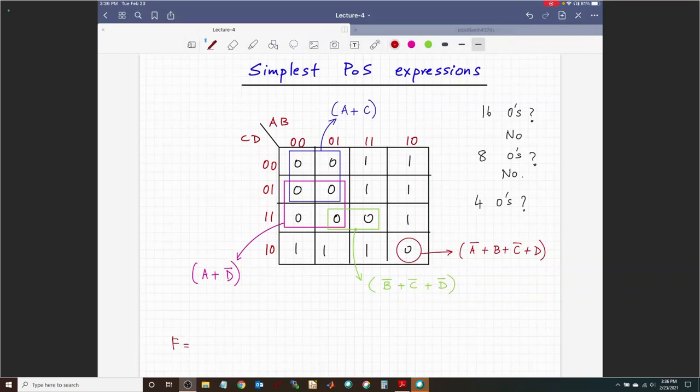So my answer would be A or C and A or D complement and B complement or C complement or D complement and A complement or B or C complement or D. Done. Simplest product of sum.